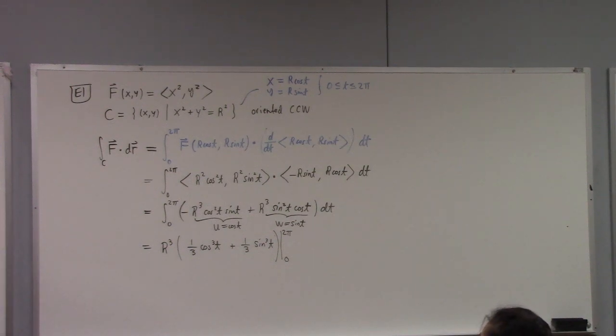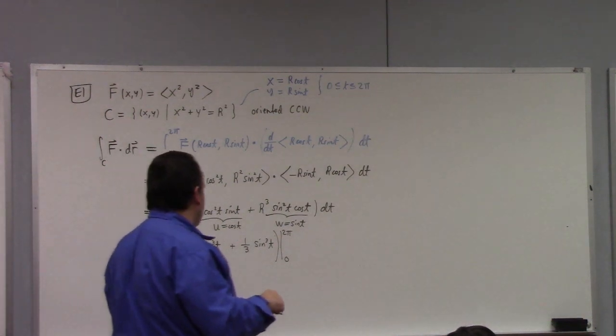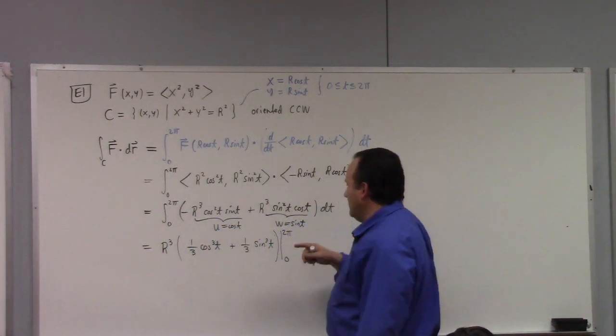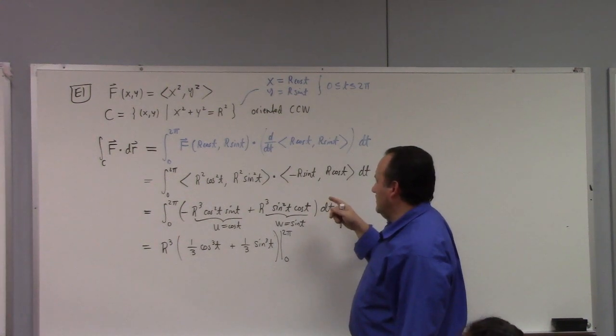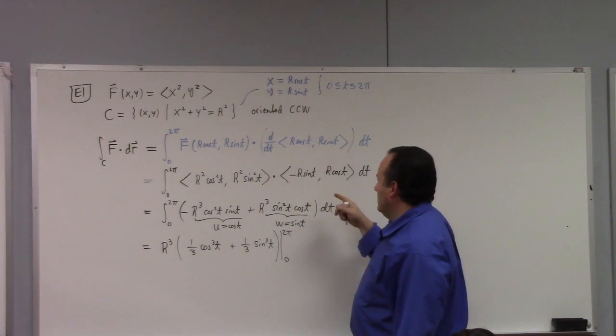Yeah? Is negative r sine t squared? Is r squared in that or not? What are you asking here? Oh, no, wait. Is the second part of the line integral on the first step?